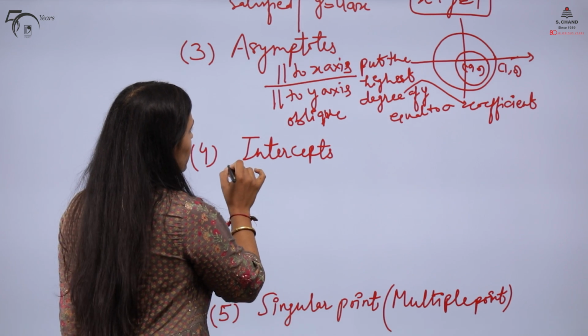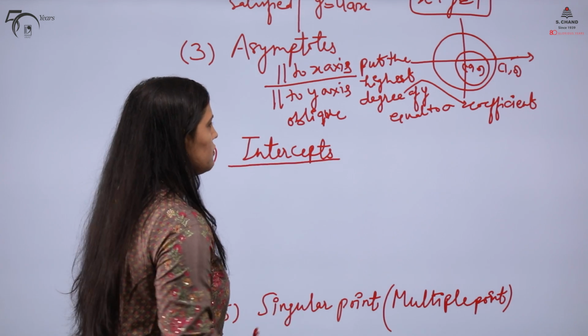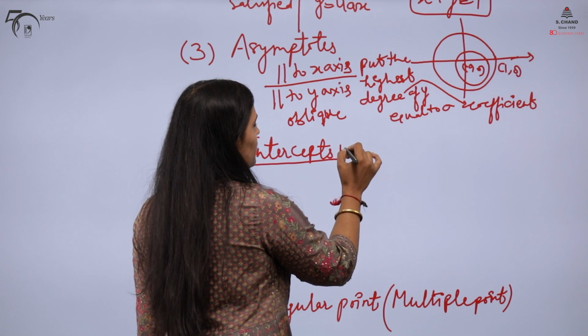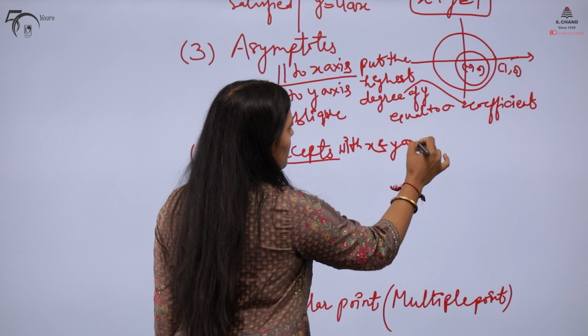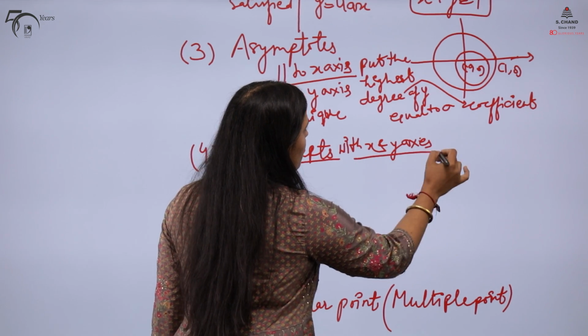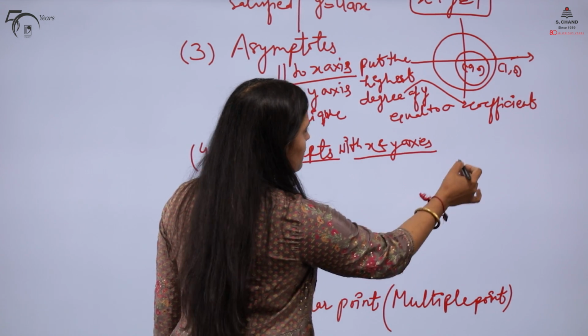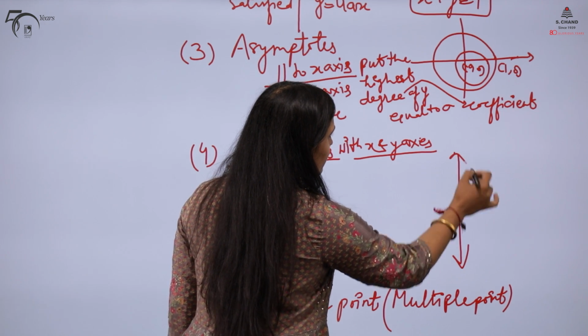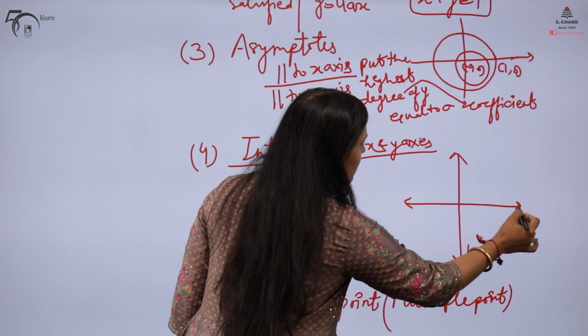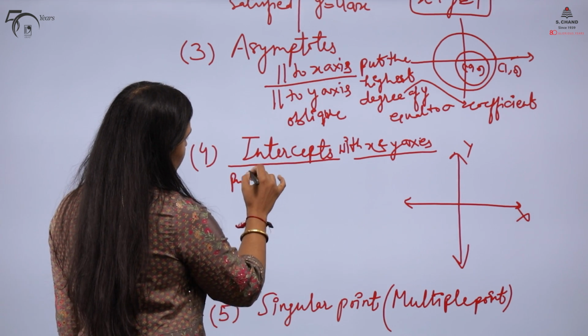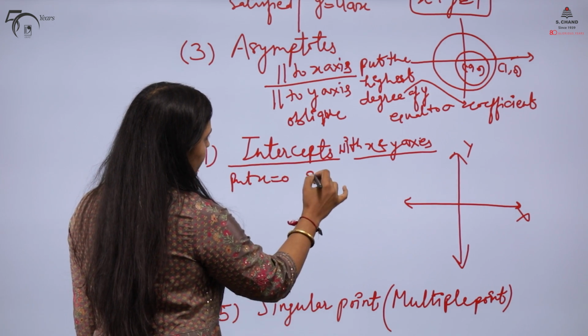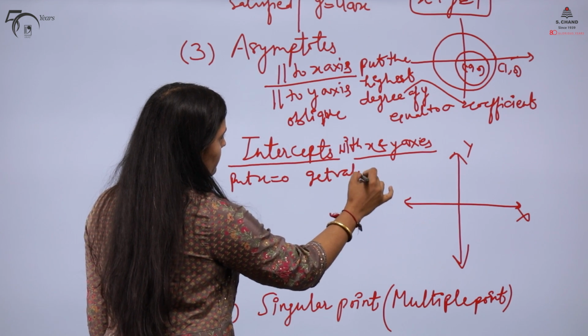Now moving to the intercepts. Intercepts means intercepts with the x-axis and y-axis. What will you do to get these intercepts? First, put x equal to 0 and get the values of y from the equation.